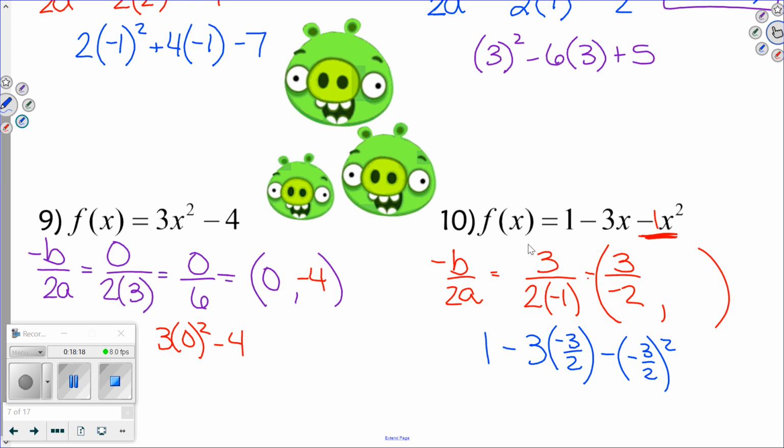You can put it in standard form, it's not going to really change much. I got 13/4. If you did not get 13/4, let me see what you're typing in.